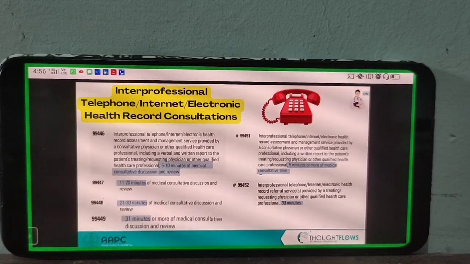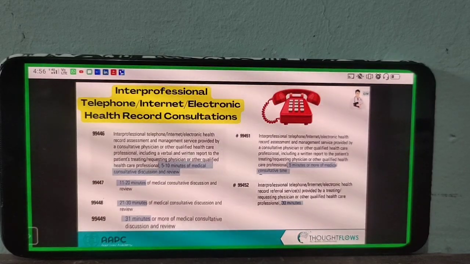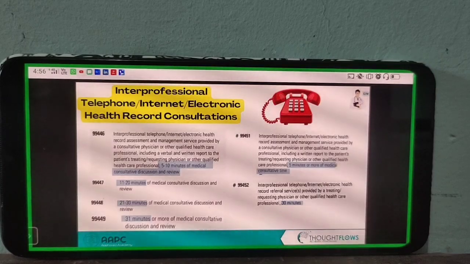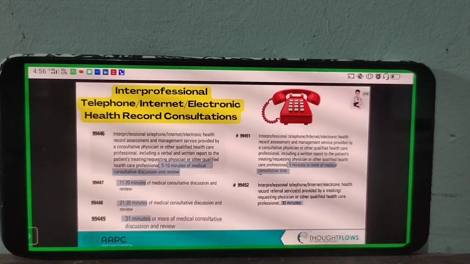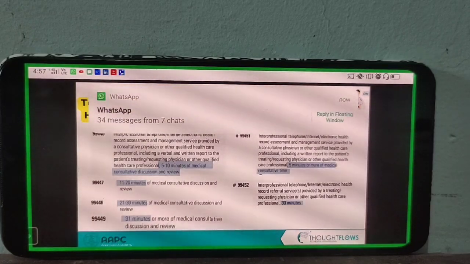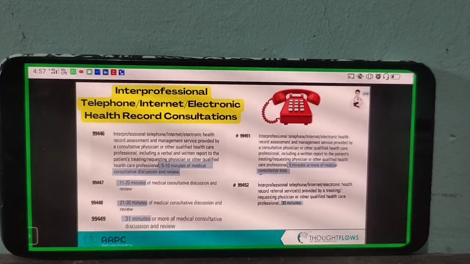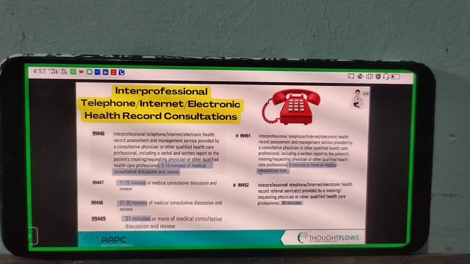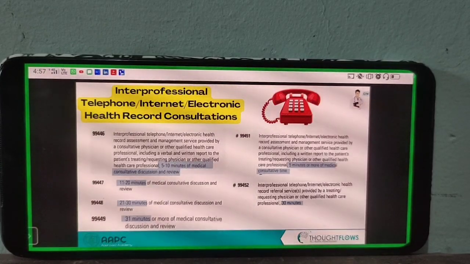It's not in-person communication. Here the doctor communicates with the patient and gives the verbal and written report, meaning we have to report the code from 99446 to 99449. The doctor gives instructions and service verbally as well as in a written report, which is also transferred to the patient's mail.